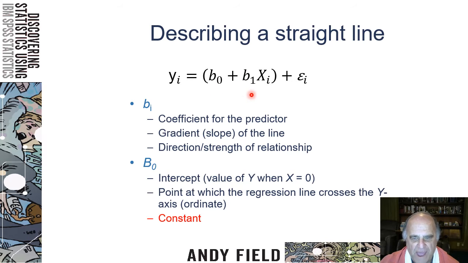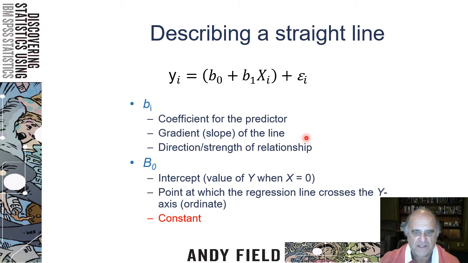And then we have, in the specific case of a simple regression, b1 times our predictor variable, or independent variable, x. And of course, this is an x for a particular observation on a particular case. So that's basically our model. And then to that, we add error, and that gives us the individual's observation. This b1 represents the coefficient for the predictor.